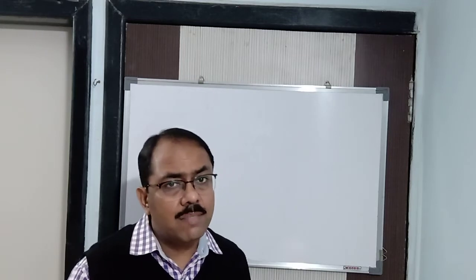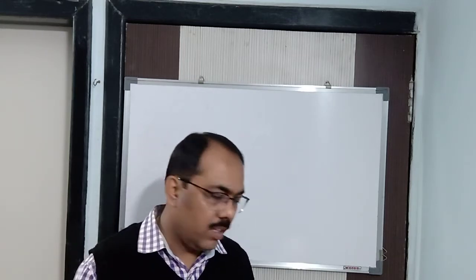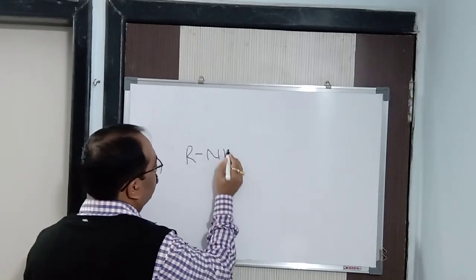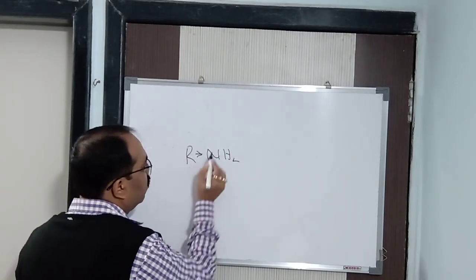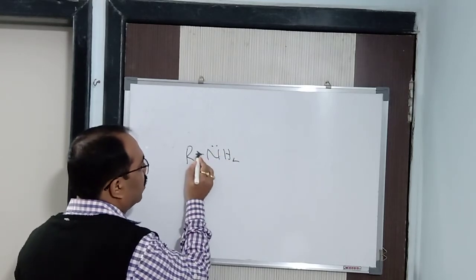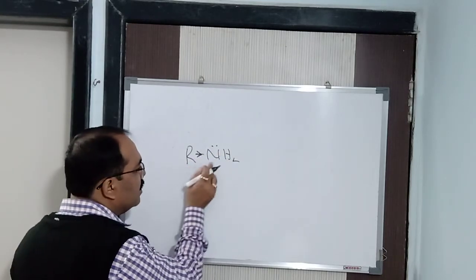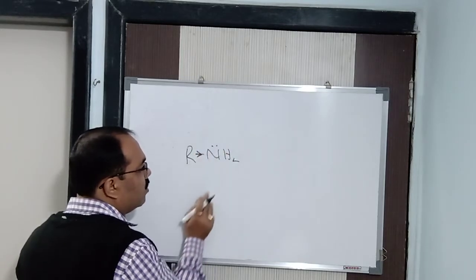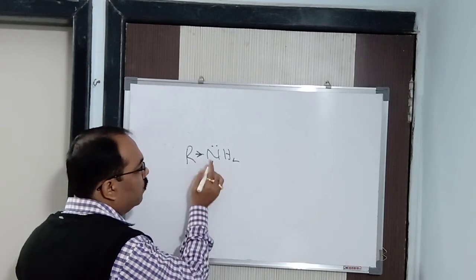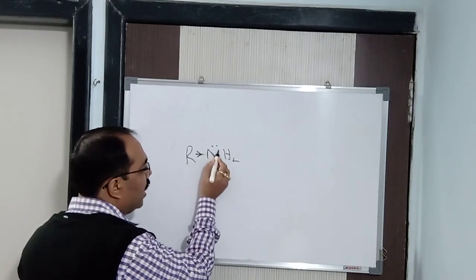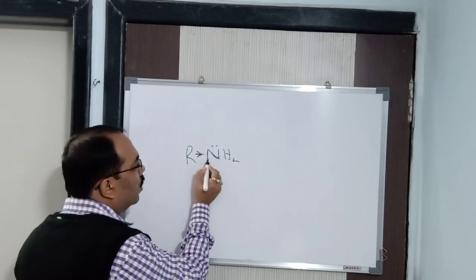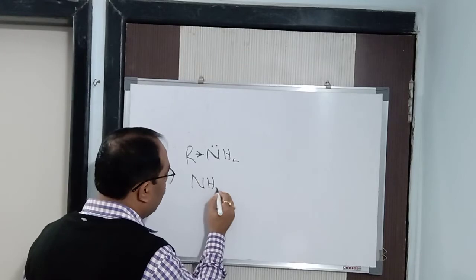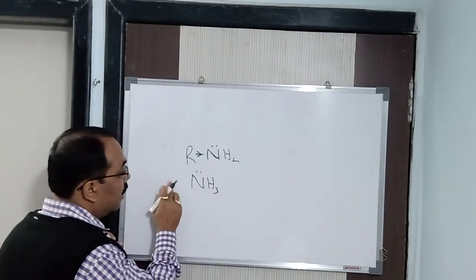But they are less basic than ammonia. Why? Because in amines, let us say primary amines RNH2, we have an alkyl group, which is an electron donor group. It increases the electron density on the nitrogen atom, due to which the nitrogen behaves as a better donor compared to ammonia, which does not have any donor group present in it.